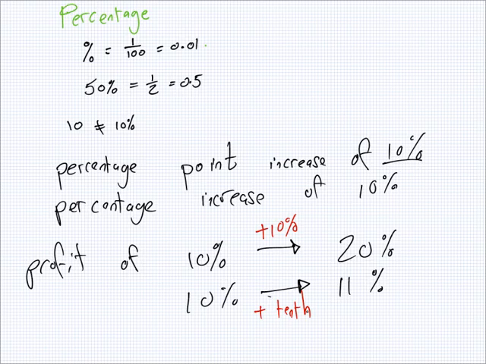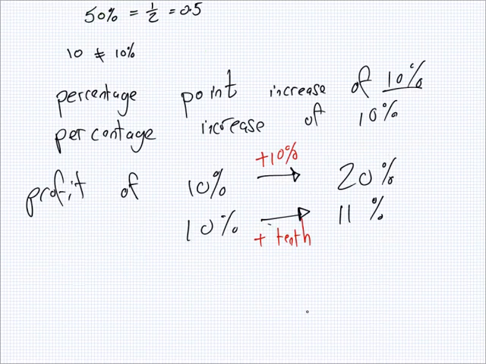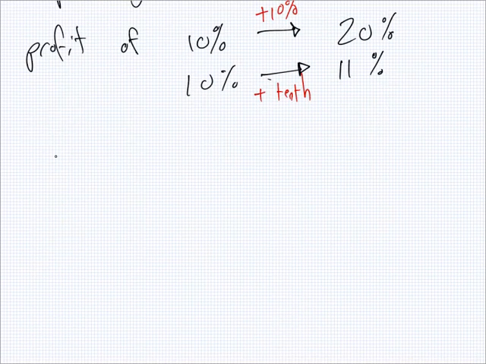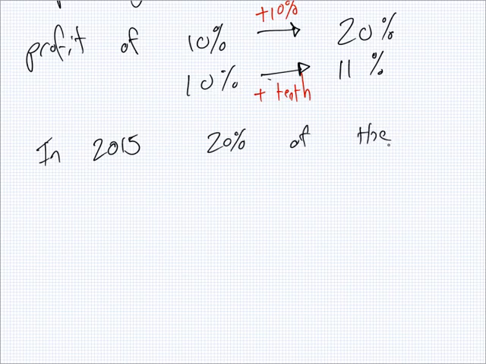Can you see the difference between percentage point and percentage increase? It's something you need to be very careful about when you're reading a question. So, for example, let's say in 2015, 20% of the public bought iPhones.